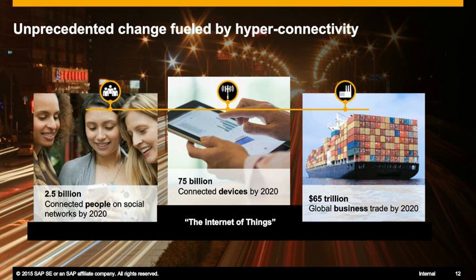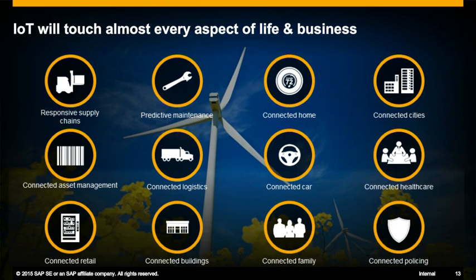But the big question behind this now is what can individuals, companies, and society achieve when everything is really connected? When you have a bidirectional network connecting people, business, processes, data, and everything together into one big thing. Well, what we can already see today is that the Internet of Things will touch almost every aspect of life and business.